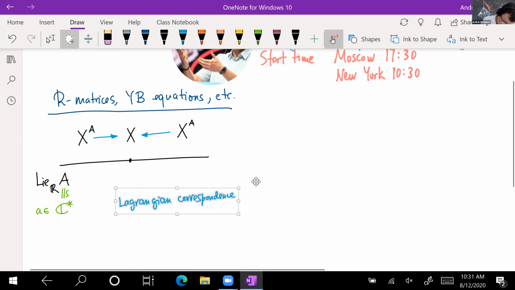Yang-Baxter is proven by defining a crossing like that and just showing that these two are equal. Well, just draw a picture. All right.